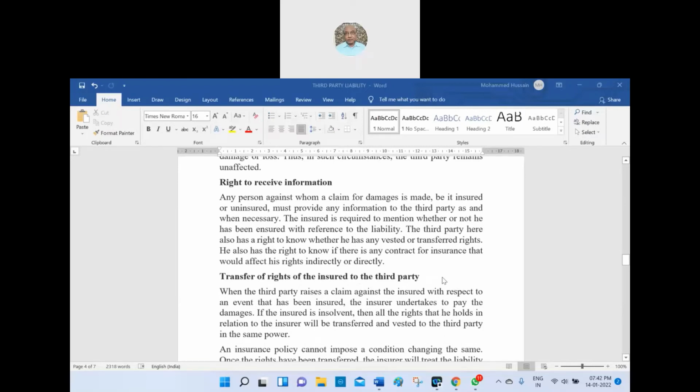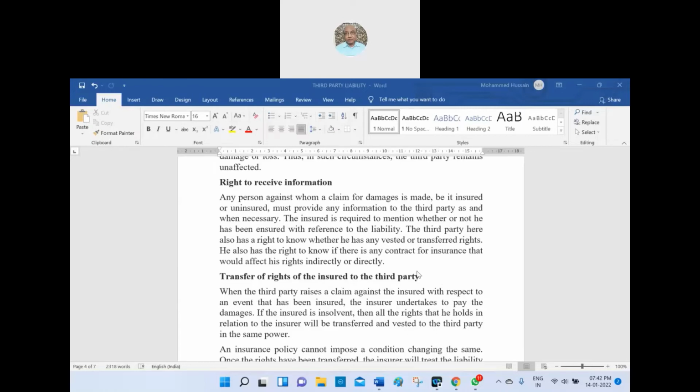Now, the transfer of the rights of the insured to the third party. When the third party raises a claim against the insured with respect to an event that has been insured, the insurer undertakes to pay the damages, definitely, because it is there in the contract.